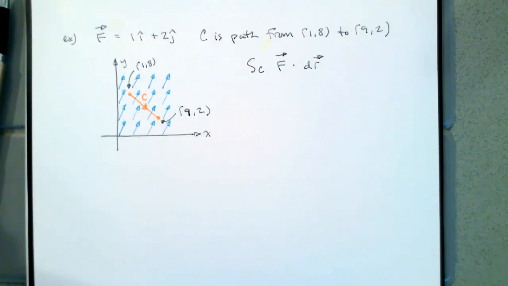So this is a step up from the last problem. I'm still using a nice constant vector field. Keep life simple. But now we're going to have to parameterize the curve, and that's going to be more complicated. How do we describe this curve C with parameters?